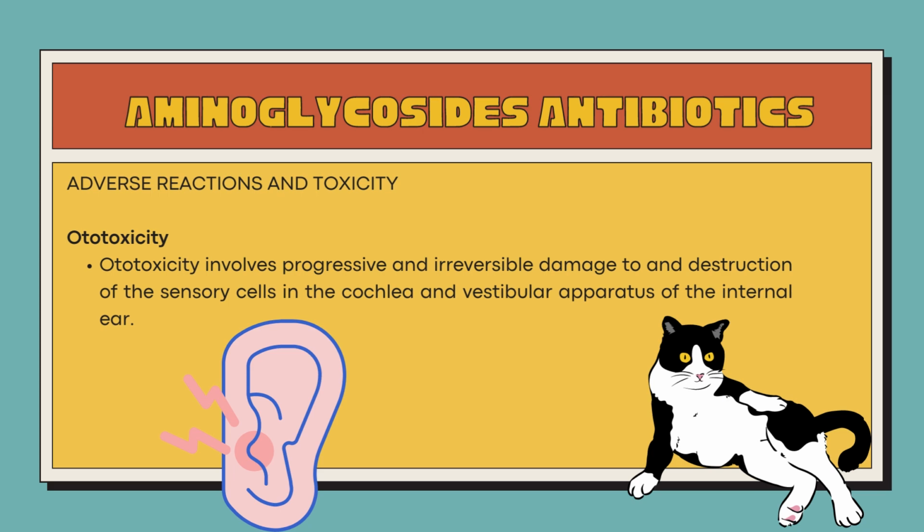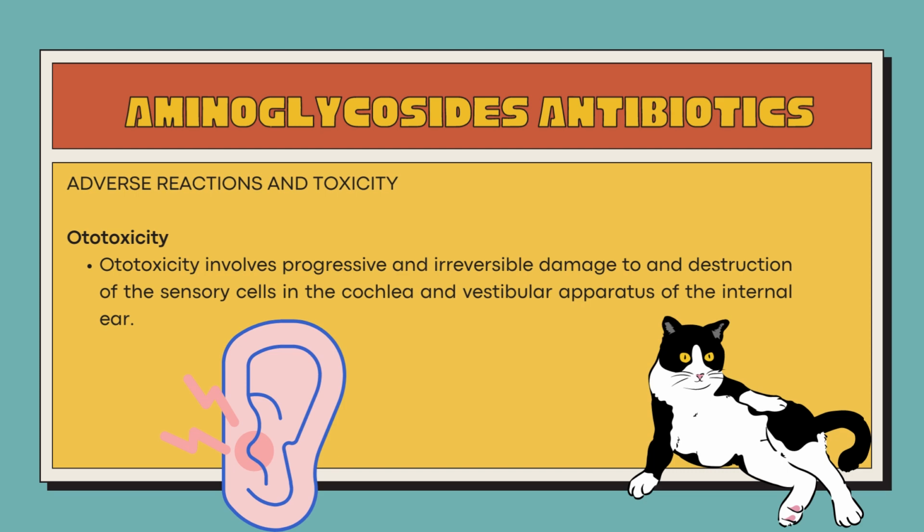Following the clinical uses, we have the adverse reactions and toxicity of aminoglycoside antibiotics. Aminoglycosides produce toxic effects which are common to all, but the relative intensity may differ. The main toxicities are, first, ototoxicity. This is the most important dose- and duration-of-treatment-related adverse effect.